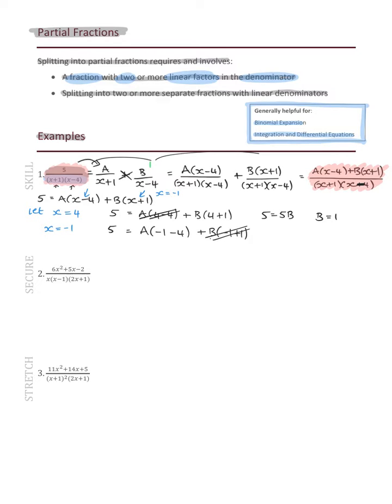So I have now 5 equals minus 5a, so a equals minus 1. So minus 1 up here. So therefore my answer is minus 1 over x plus 1 plus 1 over x minus 4. And that is my answer there.